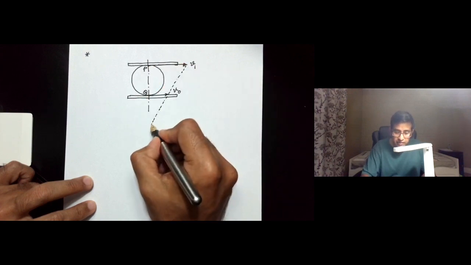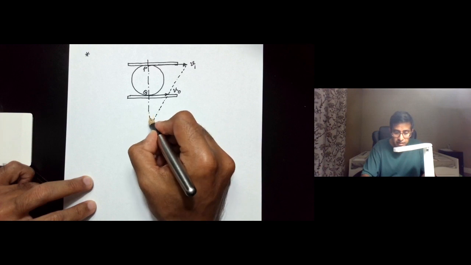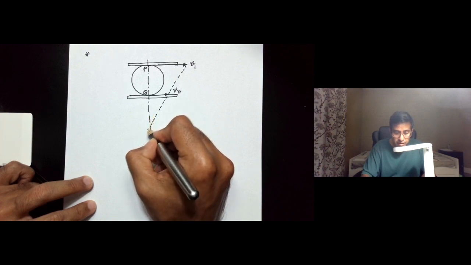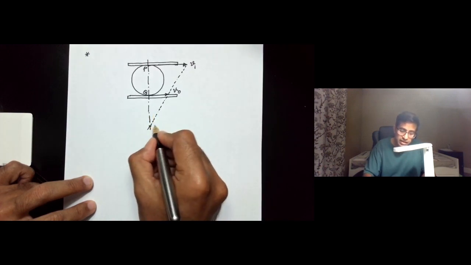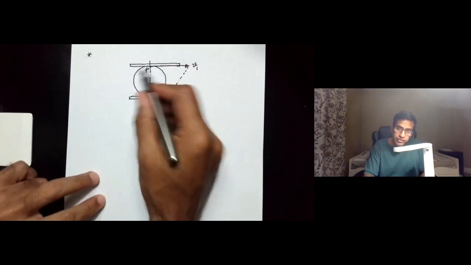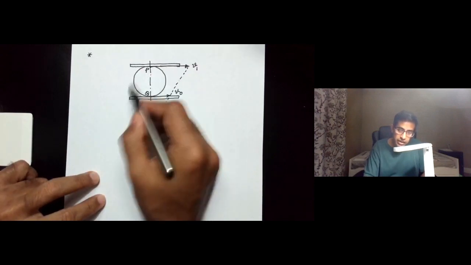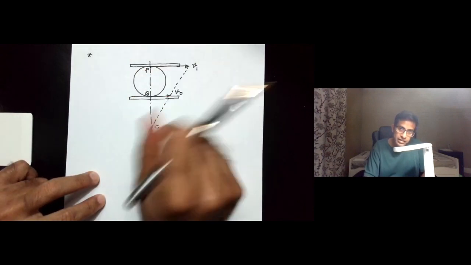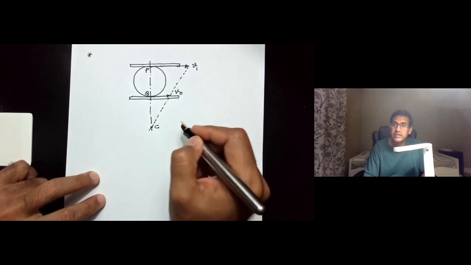So you can find the instantaneous center to be over here. At this instant the whole rigid body, or the gear, is instantaneously rotating about the point C.